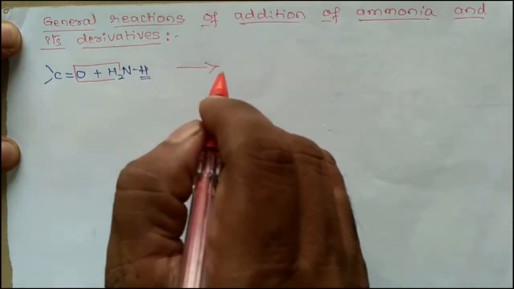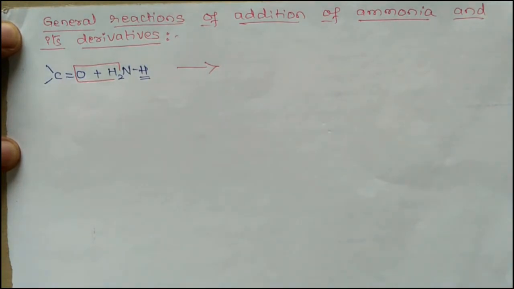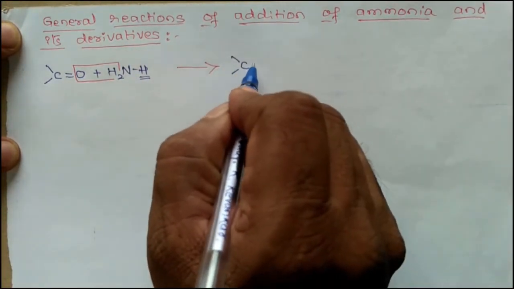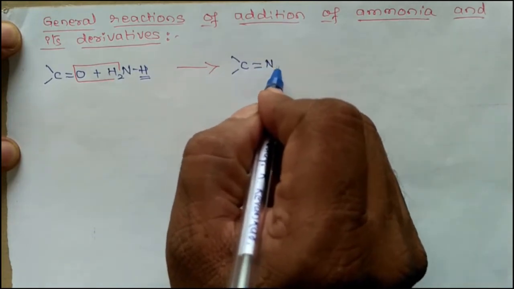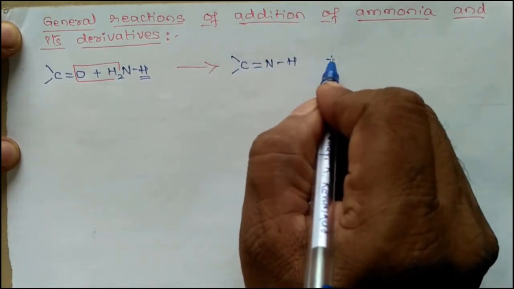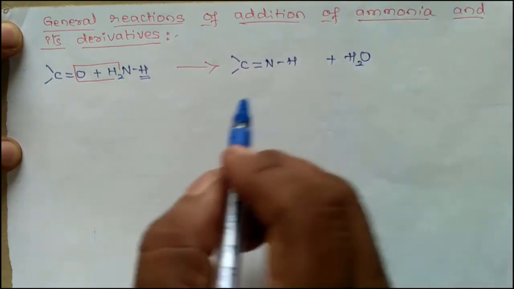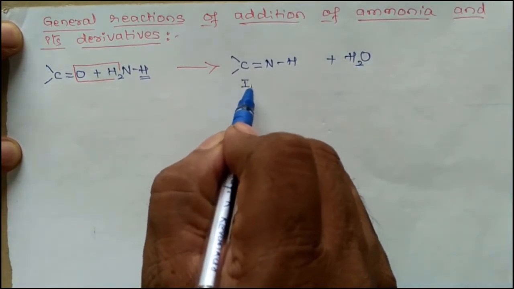Then you get the product C double bond NH plus H2O. The compound formed is imine.